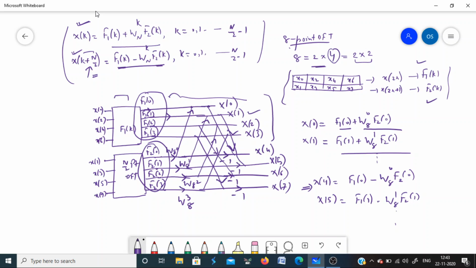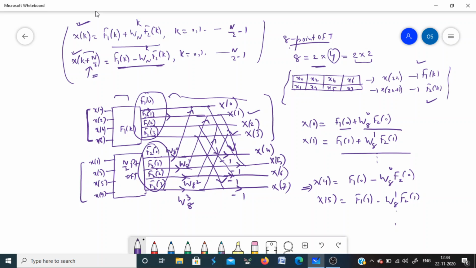It means this 4-point DFT can be computed from two 2-point DFTs. So you again apply the same principle, the same mathematical theory, and you will see that for this input sequence you have to compute a 4-point DFT.